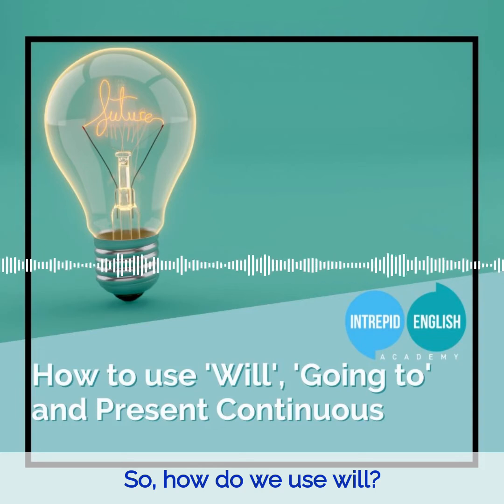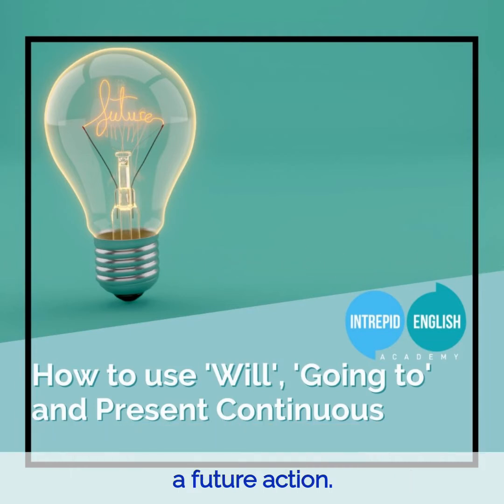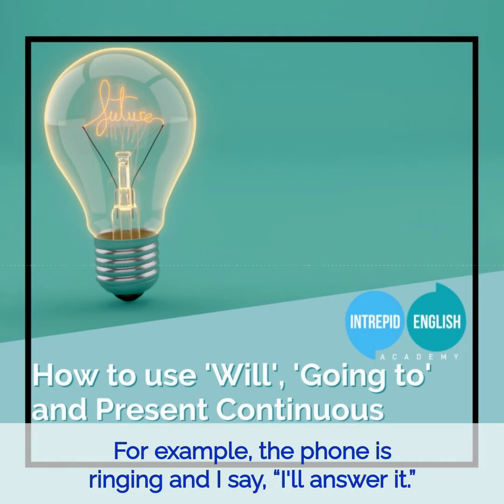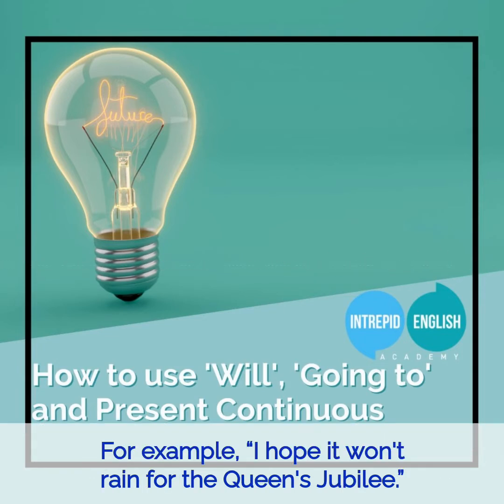So how do we use will? For the spontaneous future, when we decide now in the moment a future action. For example, the phone is ringing and I say, I'll answer it. For future predictions with no evidence. For example, I hope it won't rain for the Queen's Jubilee.